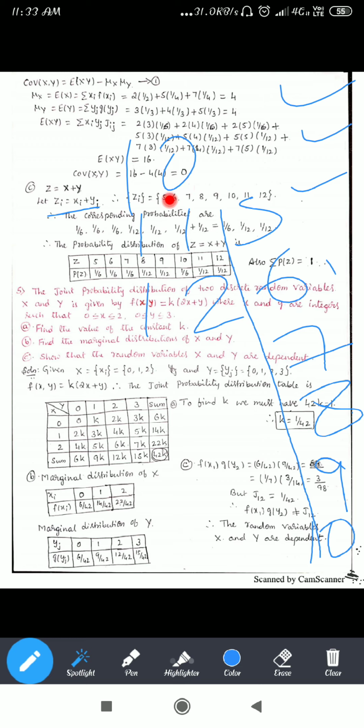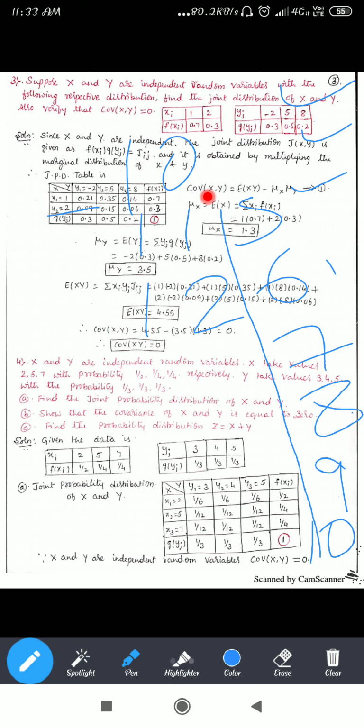For 5, I showed you that when x is 2 and y is 3, you get 5, so the joint probability value is 1 by 6. For 6 the answer will be 1 by 6. For 7 it is 1 by 6. Now I will show you for 8. For 8, x plus y should be 8, so where are x and y here for 8?